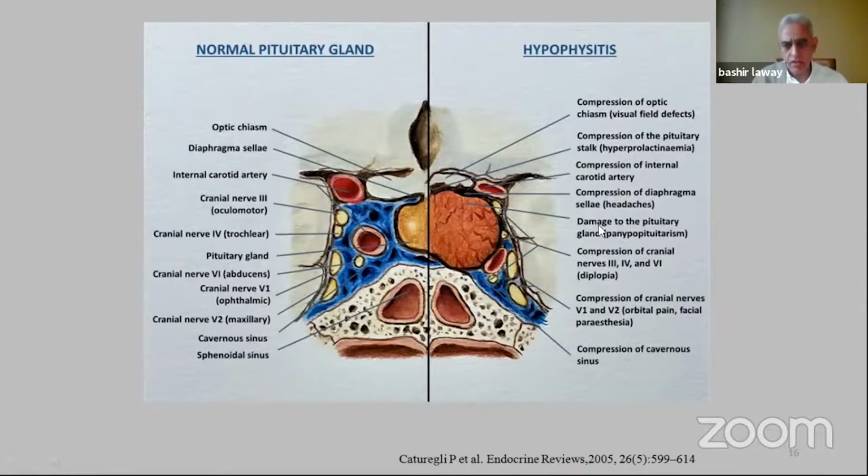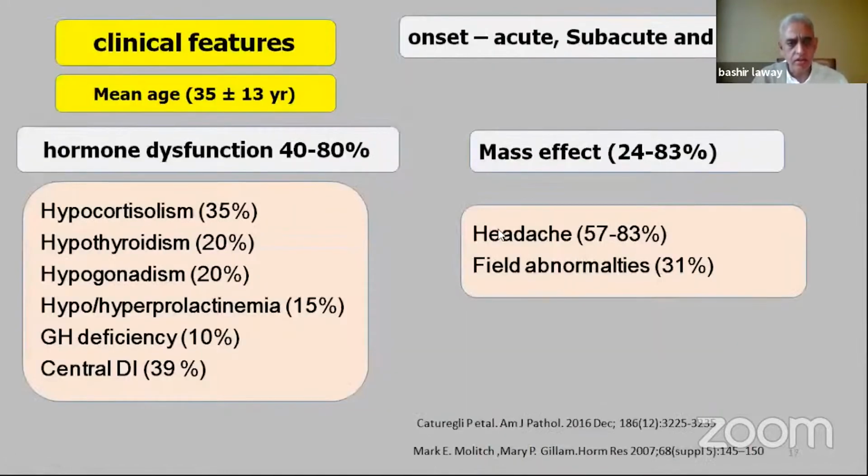The diaphragm gets compressed, causing headache. There is damage to the pituitary cells, causing panhypopituitarism. Compression of the third, fourth, and sixth nerves can cause diplopia. Compression of the first and second division of the fifth nerve causes orbital pain and facial paresthesia. And sometimes in severe cases, there can be compression of the cavernous sinus as well. So this depicts what could be the signs and symptoms.